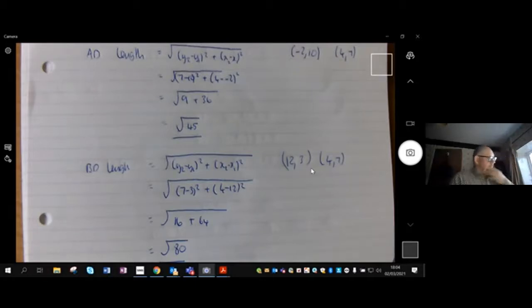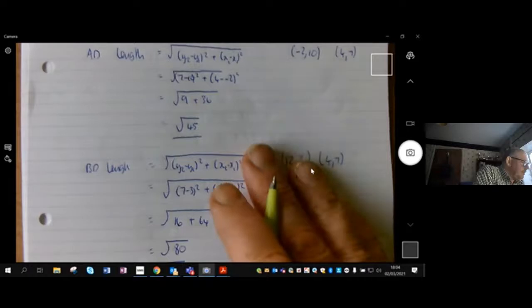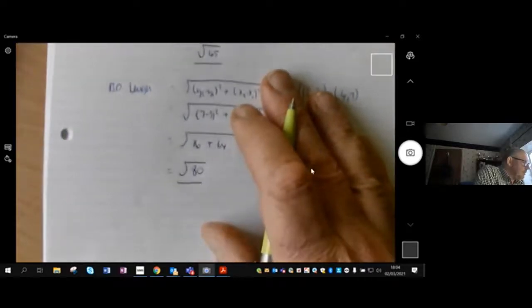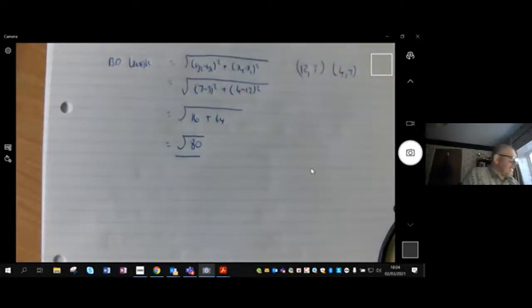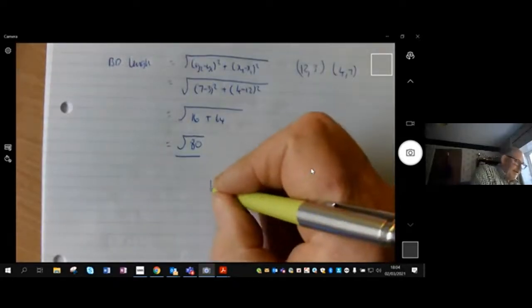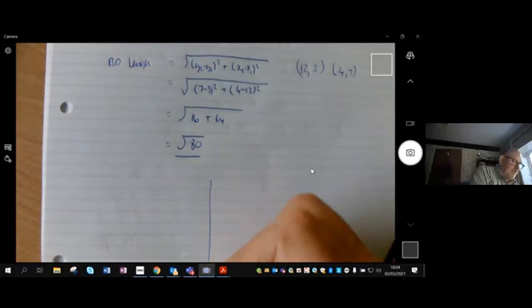Right. So CD is, wait a minute, where's C? One thing I might do now is have a bit of a sketch graph.